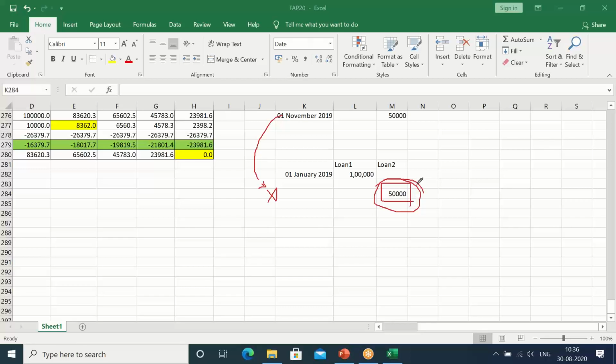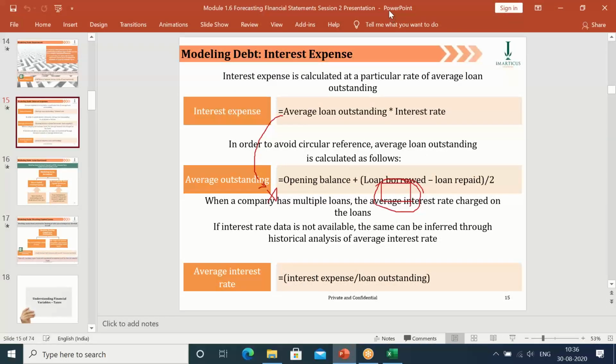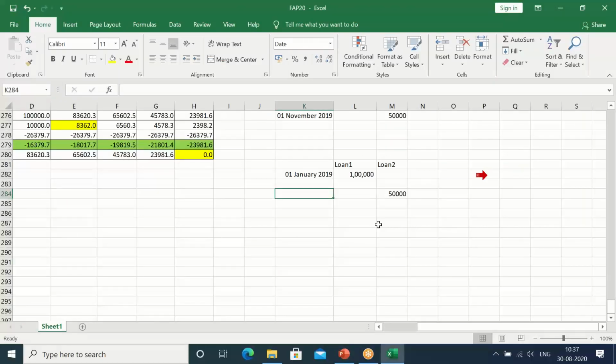So what we do is calculate this as a 6-month average. And hence the average formula is opening balance plus loan borrowed minus loan repaid. In this example there is no repayment. Divided by 12, divided by 2. So which means I will calculate average loan.